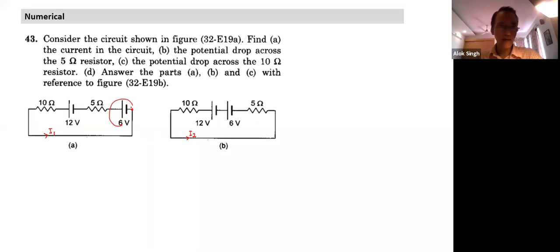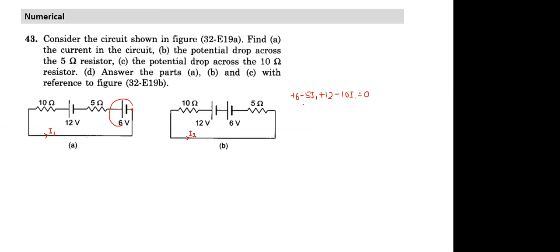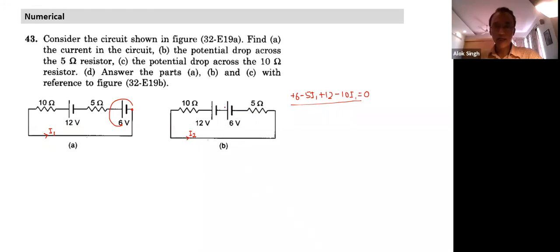Loop rule, if I apply from here: plus 6 minus 5I1 plus 12 minus 10I1 is equal to 0. Have you understood what you have written here? Yes, sir. Here also what has happened? Position of battery has been changed. Equation remains same.